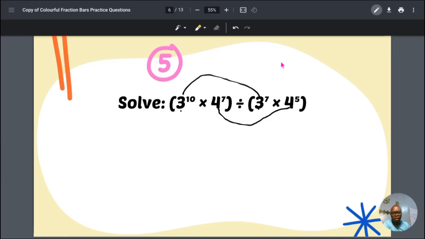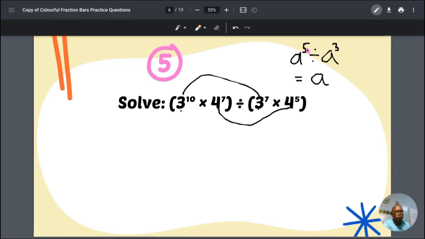But let me cite you an example first before we even go to this one. If we have a raised to power 5 divided by a raised to power 3, what you will do here is pick one of the bases, according to one of the laws of indices, which is a.